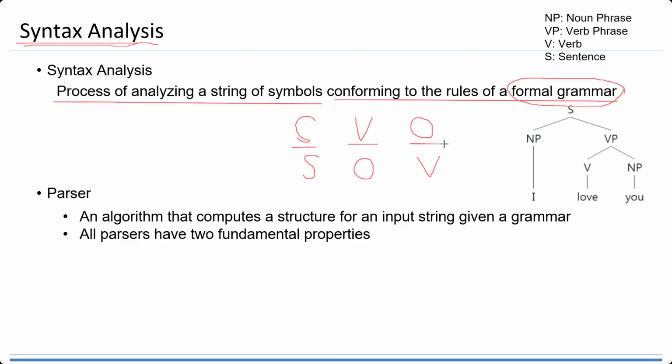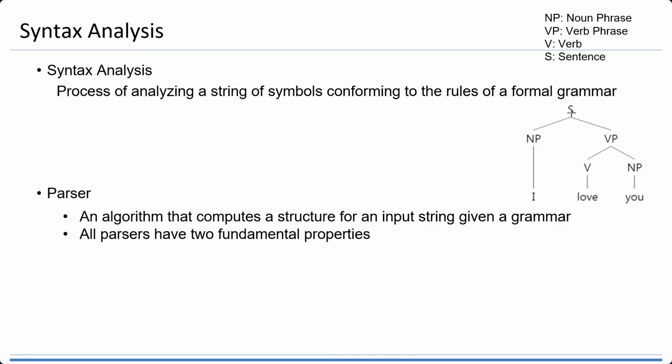And we can predict. So for example, in English, you can see it starts with a sentence, and we can split the sentence. Here, NP means the noun phrase. Sorry, this is VP, the verb phrase.